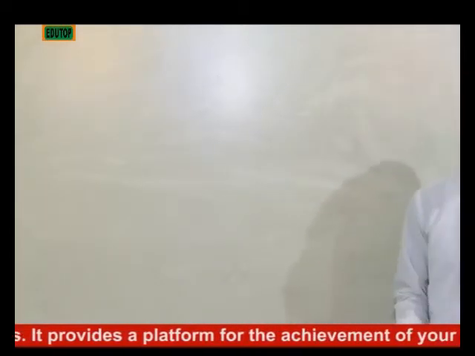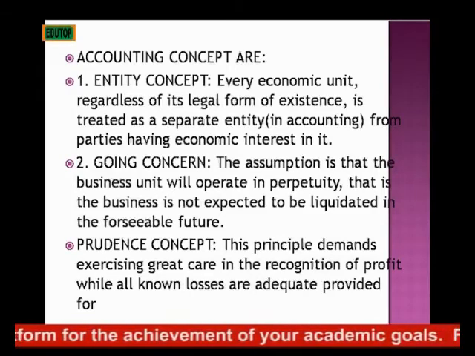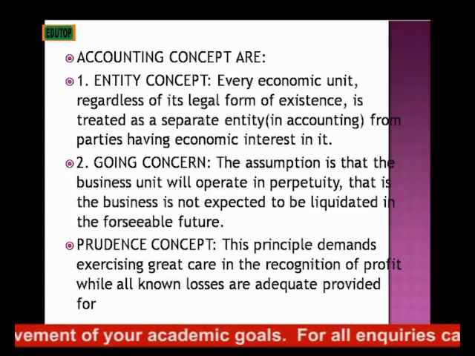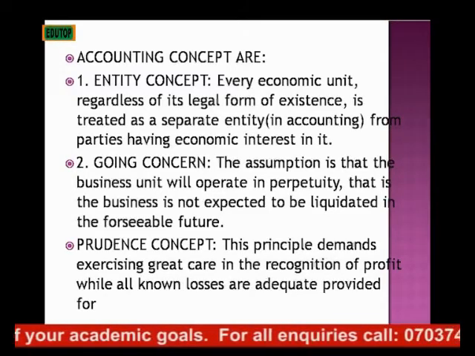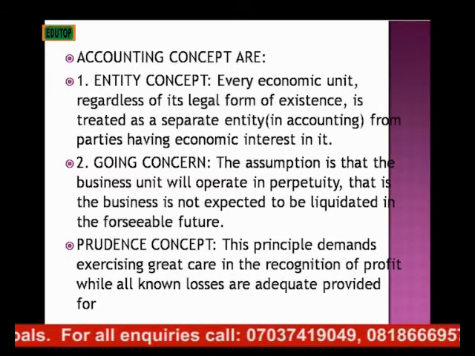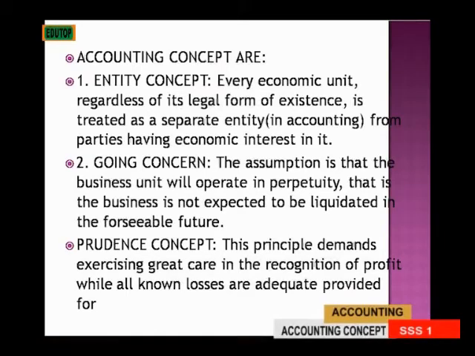The first one is the entity concept. What is the entity concept? This concept states that every economic unit, regardless of its legal form of existence, is treated as a separate entity in accounting from the party having economic interest in it.